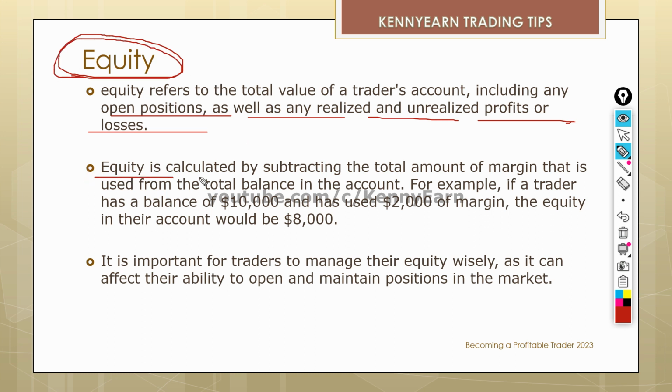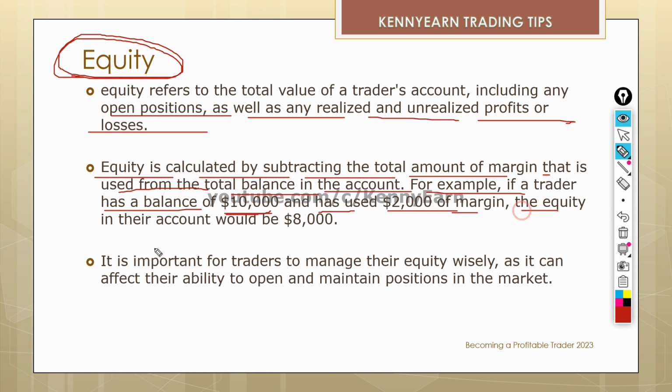So equity is calculated by subtracting the total amount of margin that is used from the total balance in the account. So for example, if a trader has a balance of $10,000 and has used $2,000 of margin, that means you used 20% of your account here.